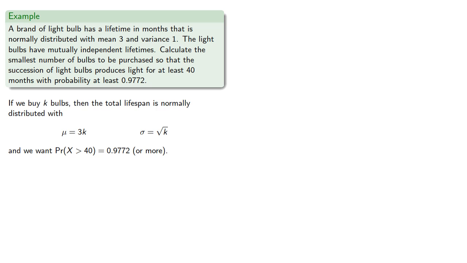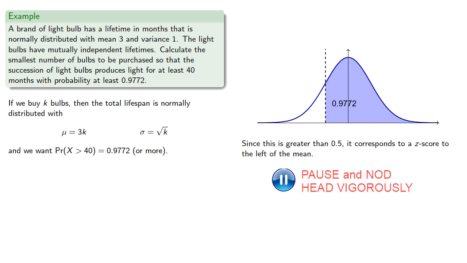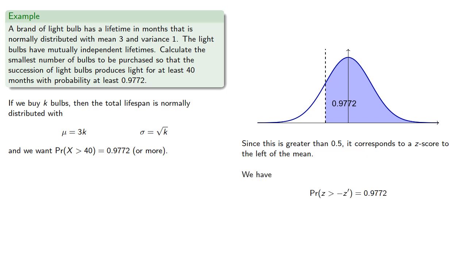Since this is greater than 0.5, it corresponds to a z-score to the left of the mean. And again, we'll call that minus z prime just to make the variable itself have a non-negative value. By symmetry, the probability that we're less than positive z prime is the same.